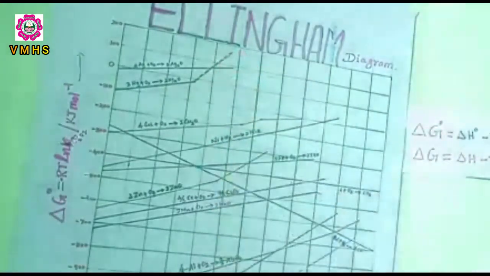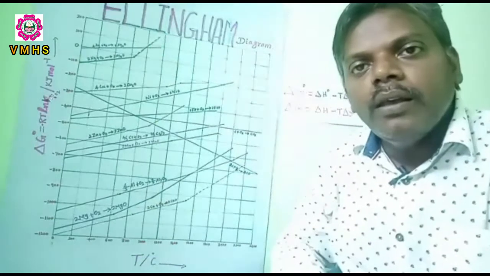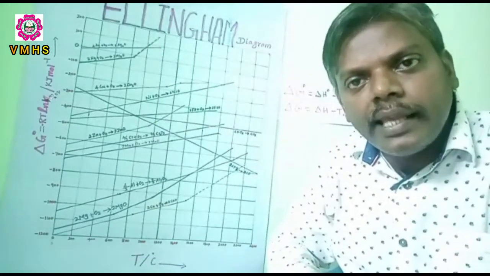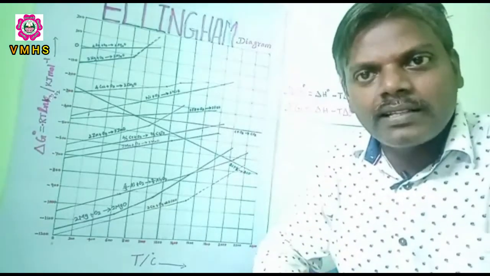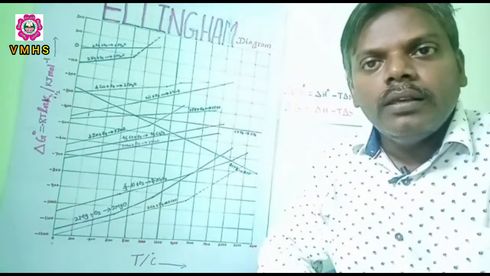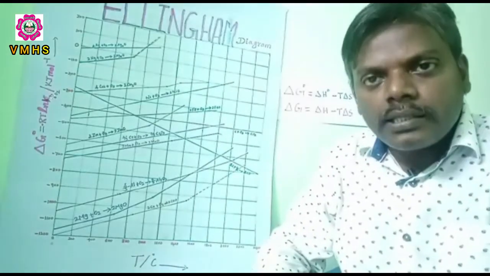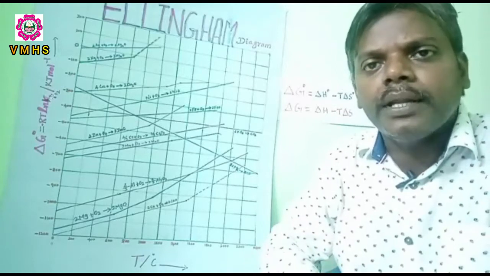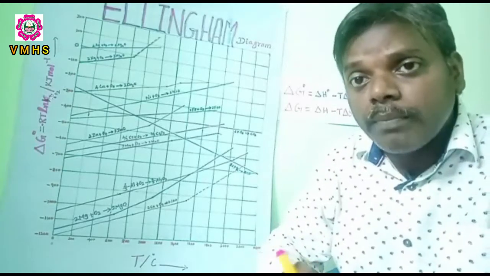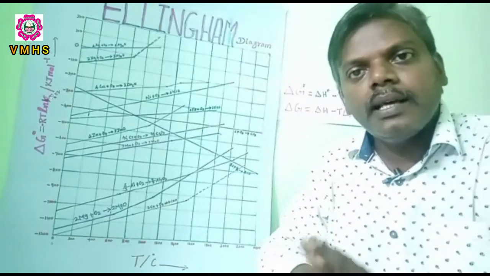Above the temperature, the delta G0 value is positive. If the delta G0 value is negative, then the metal oxide is more stable, obviously. If the delta G0 value is positive, it suggests that the metal oxide is less stable at that particular temperature. Decomposition becomes easier. So this is observation number 3.